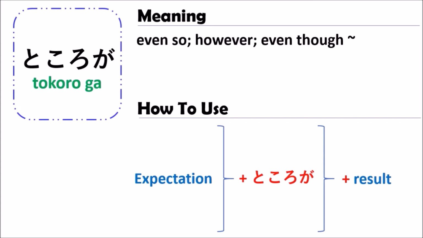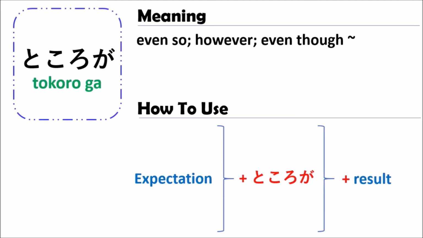What is the result of the expectation? In a case like this, it has the meaning of however, even though, or even so.